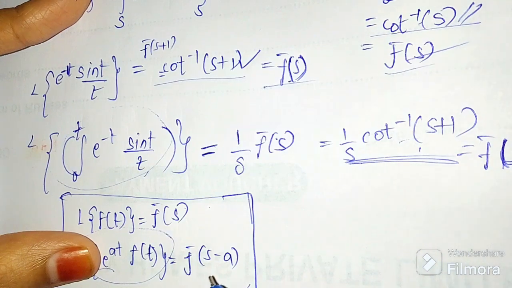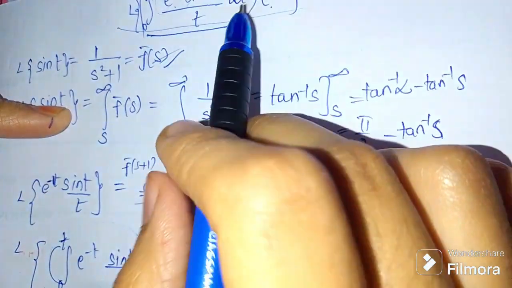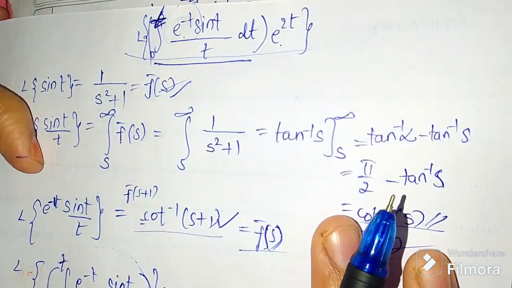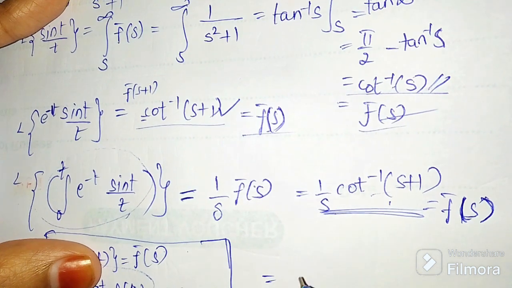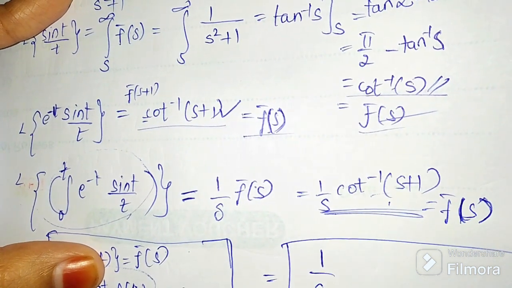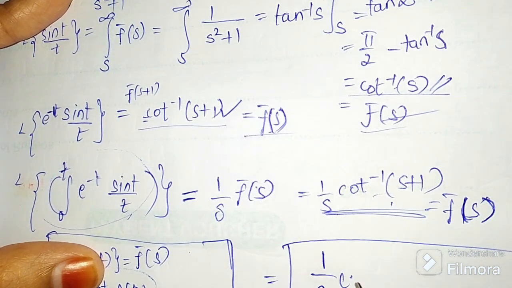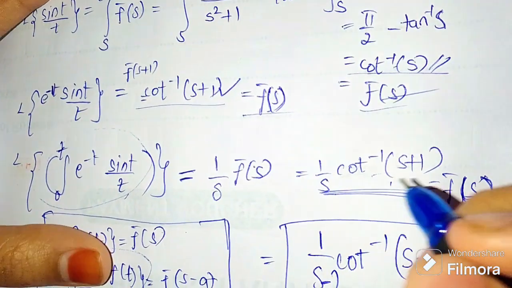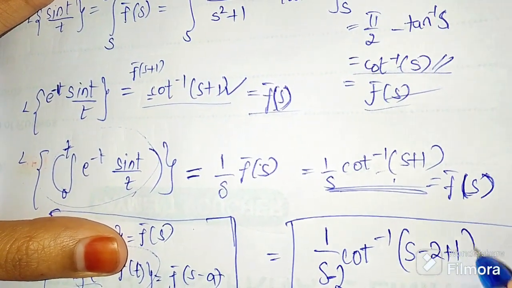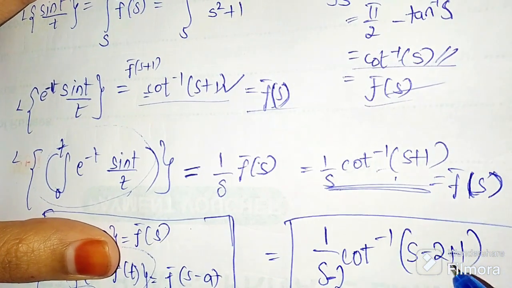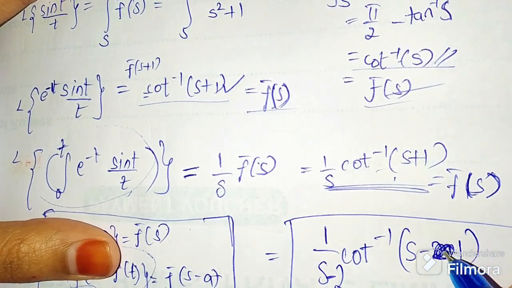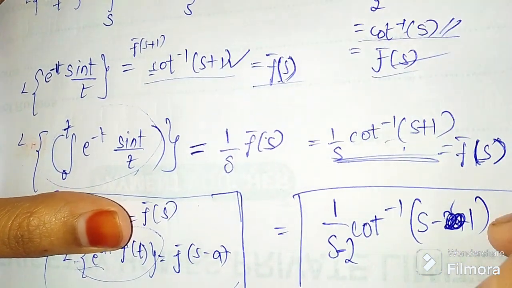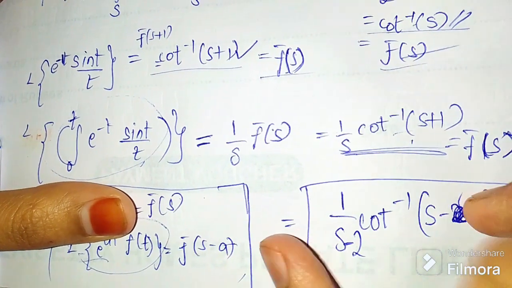This will be f bar of s minus a, so I should do minus 2. The final answer is 1 by s minus 2 cot inverse of s minus 2, which is s minus 1. Okay, this is my final answer.